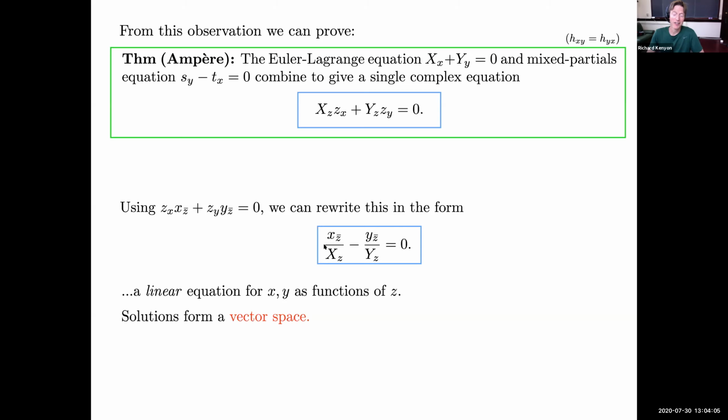In particular, because it's linear, solutions form a vector space. If you have two solutions, we can add them together and get a third solution. And we can take a solution and multiply it by a scalar and get another solution. That's something we didn't have before in the inverse coordinates.